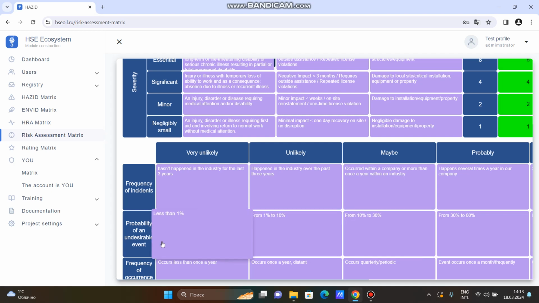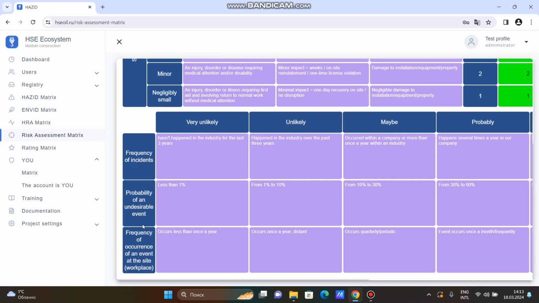Now, likelihood of an undesirable event. Settings here are also quite subjective, but here we need to set likelihood from the point of view of percentage. For example, for very unlikely, we have less than 1%. For unlikely, some other percentage from 1 to 10, etc. And frequency of occurrence at the site.